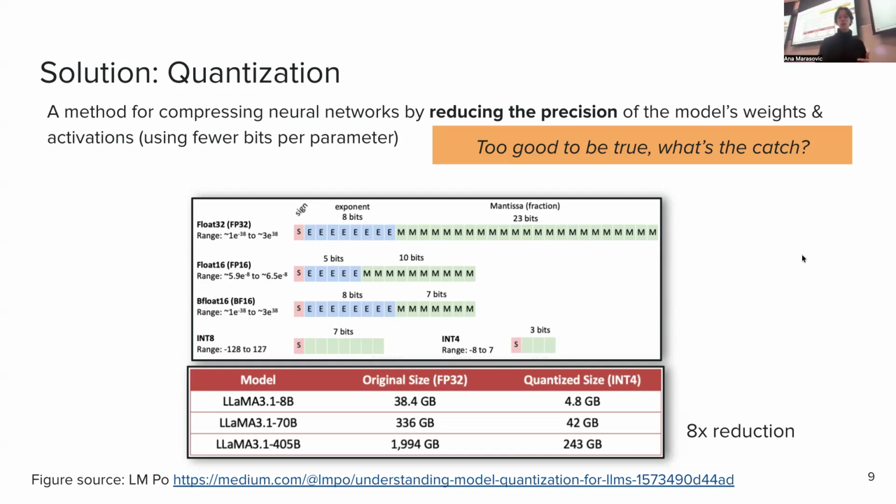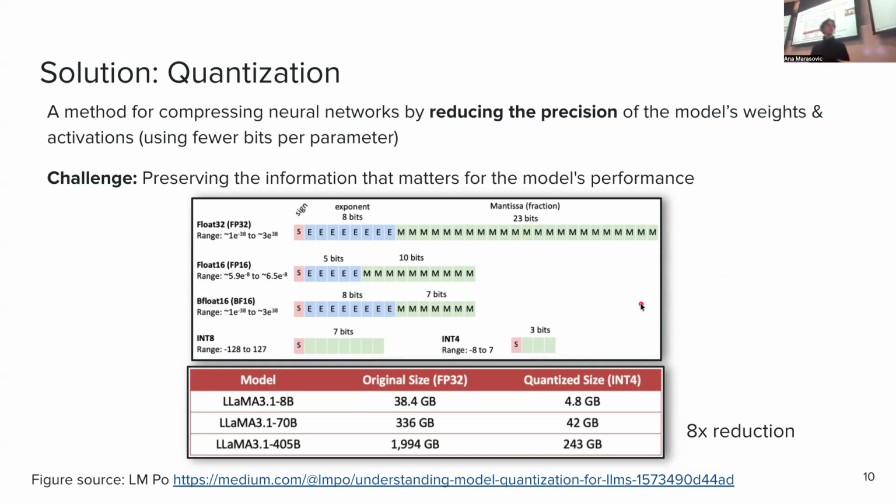So the challenge here is how we go from this precision to that precision. Memory is smaller, but how do we preserve the information that matters for the model's performance?